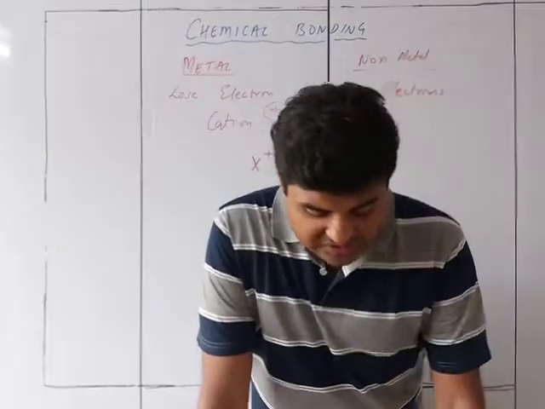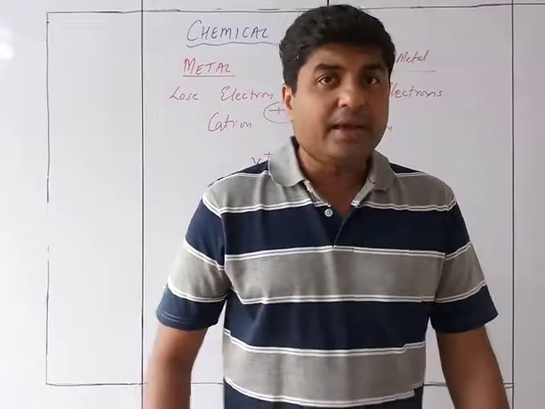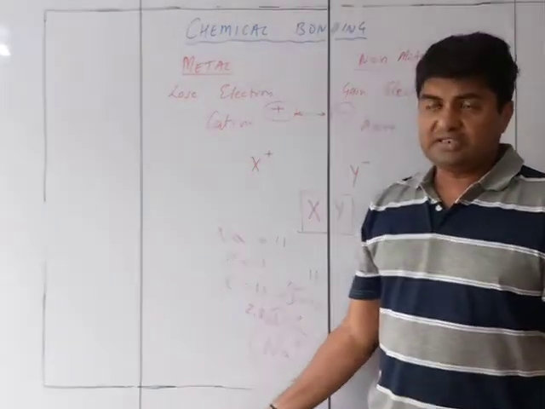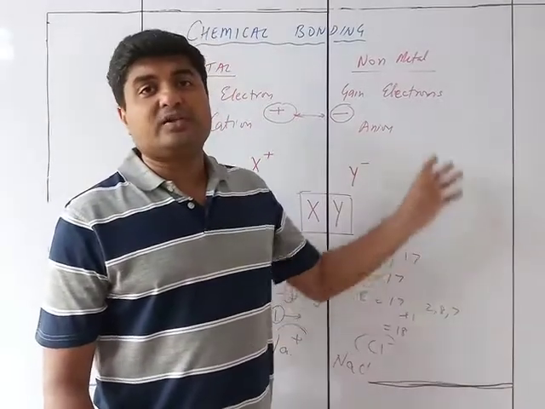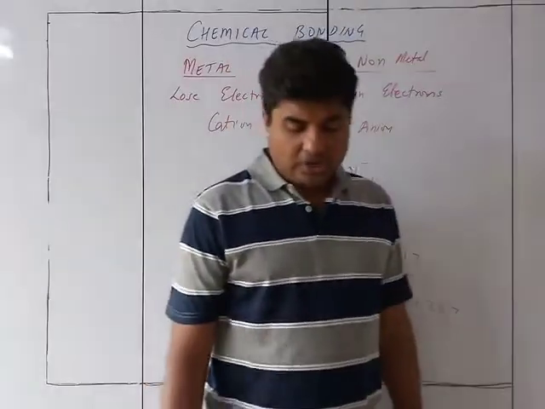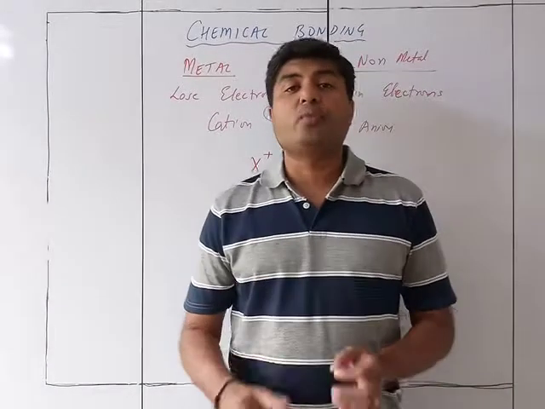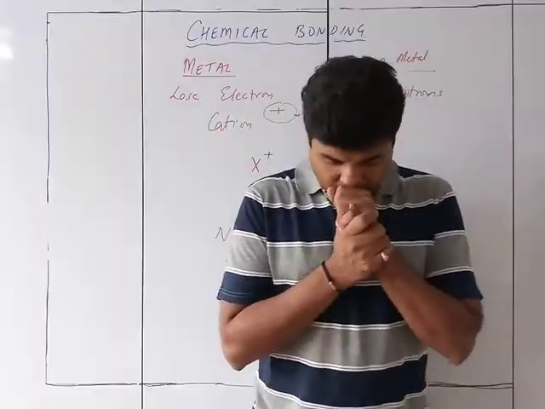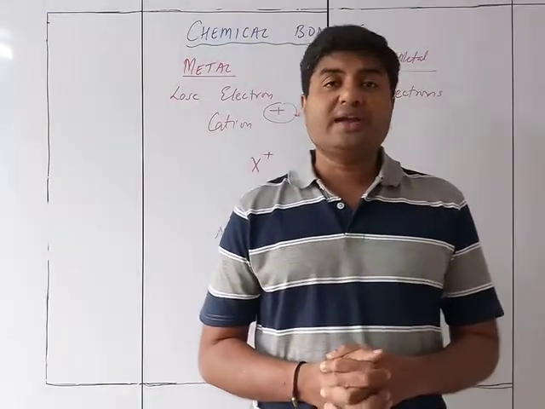So loss of electron is oxidation, that means the metals get oxidized, and gain of electrons is reduction, that means the non-metals are getting reduced. Accordingly, all the electrovalent bond formations are redox reactions.